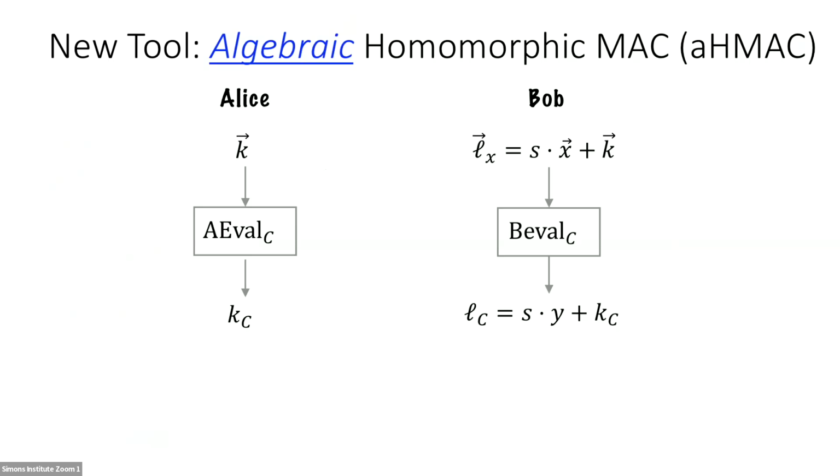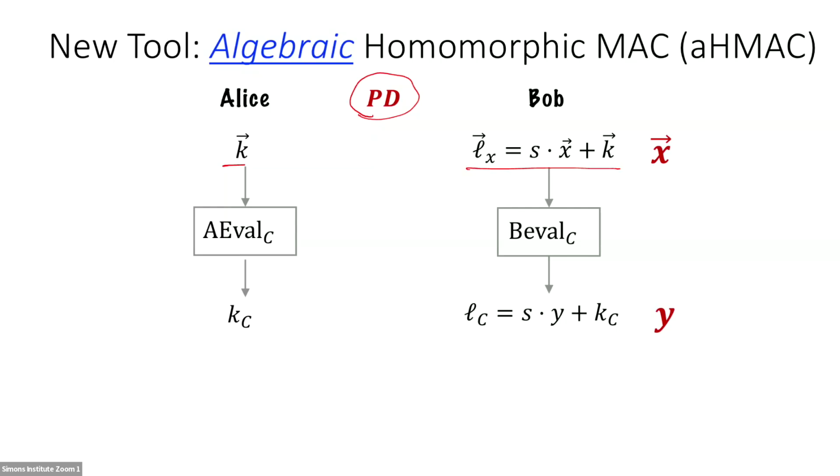And the new tool that we use to overcome this is the algebraic homomorphic MAC, AHMAC. Basically, garbler Alice and Bob hold authenticated shares of the input, and there's some public data that is very small and reusable. The new game in town is that Bob actually knows what the value is.